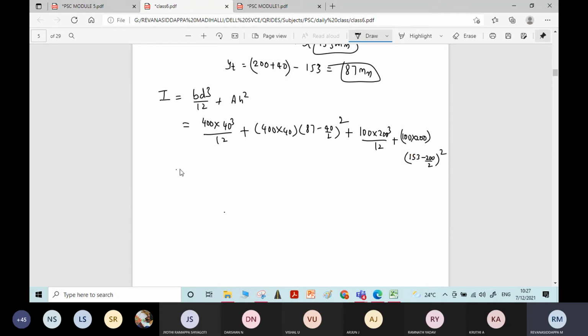By this you will get moment of inertia. How much? 196.8 into 10 power 6 mm4.